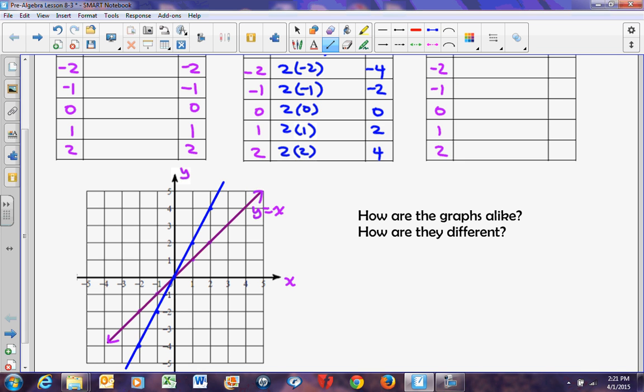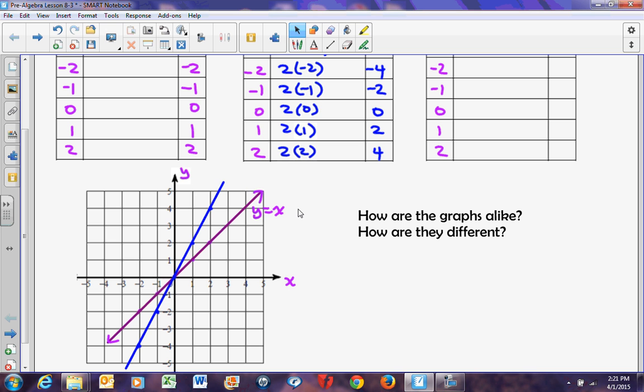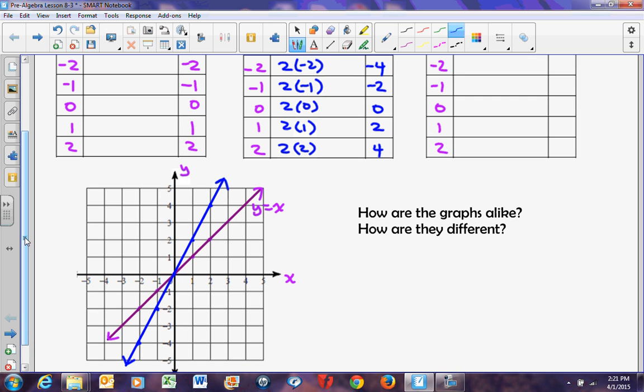Here's the graph of that line. And then we'll put my arrowheads on that. If you remember, that's the equation of y equals 2x.